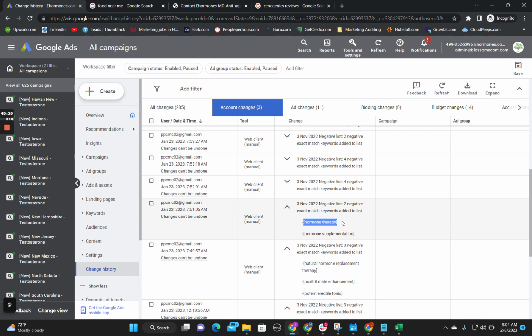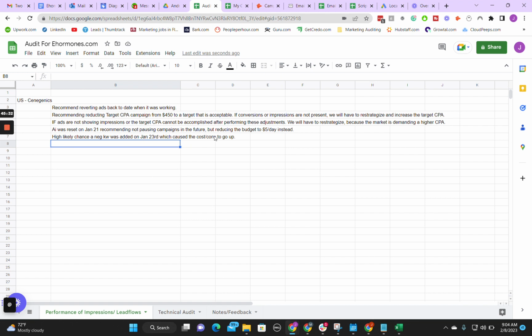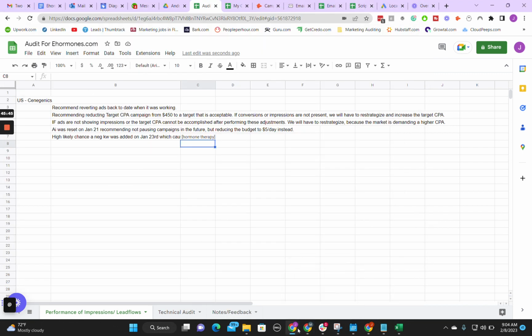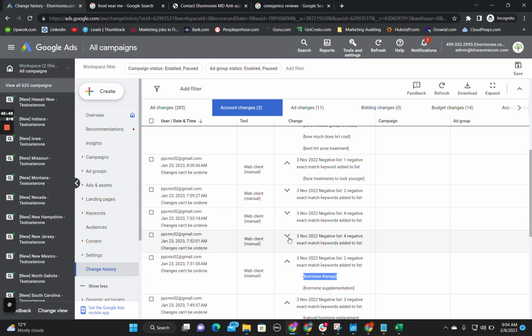You added in hormone therapy as an exact match negative keyword, and all they're selling is hormones. So this is a little side note. We're going to throw that in on the side there as examples, and you can just work your way all the way right there. If you find that you run out of room, maybe do a comma or something like that and keep on going. But supply a few little recommendations like that if you see it.